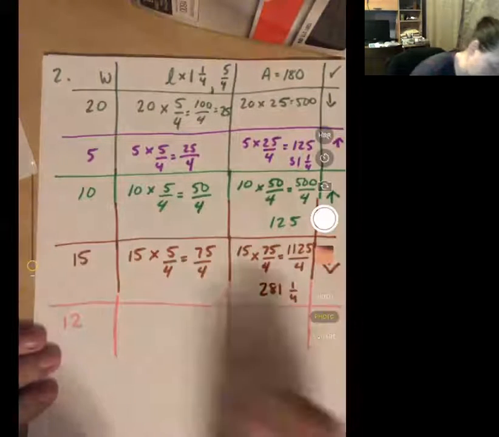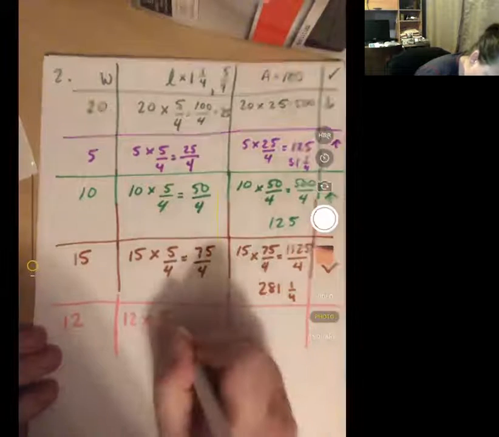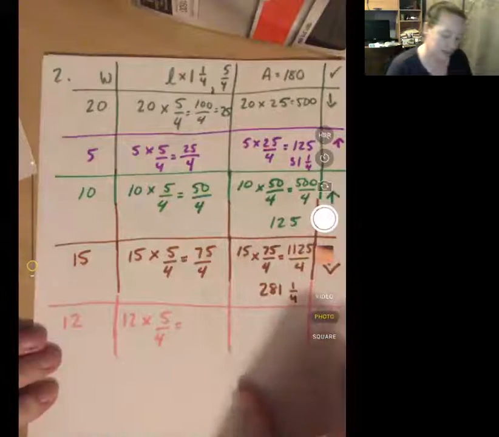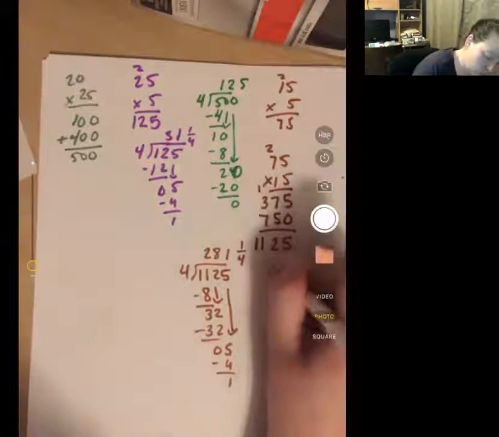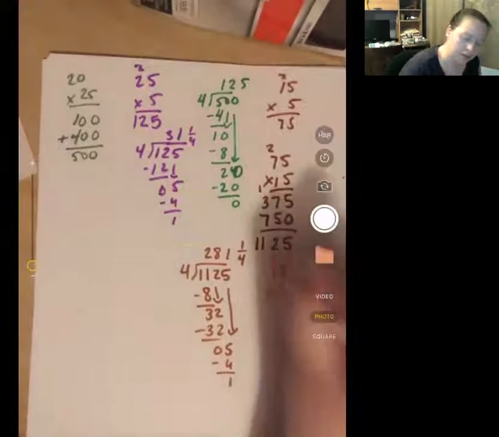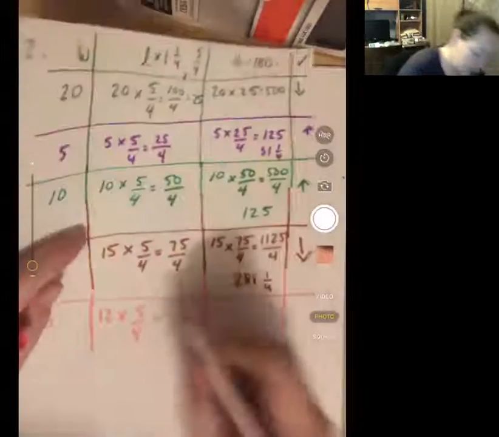So I now have 12 times 5/4, which is 60, I do believe. Let me see. 12 times 5. 2 times 5 is 10. 5 times 1 is 5, plus 1 is 6. Right. So 60/4.